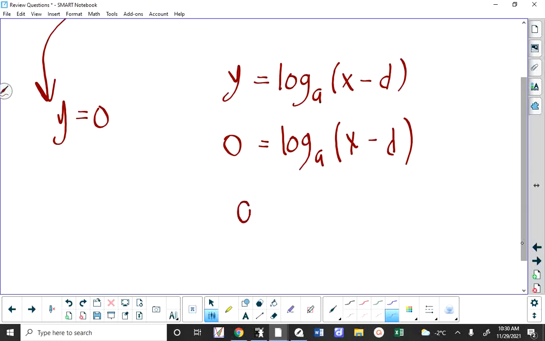I can write this as a to the 0 equals x minus d, because that's the equivalent exponential form of log base a of x minus d equals 0. A to the 0 is equal to 1. So now we have 1 equals x minus d, which means x equals 1 plus d.